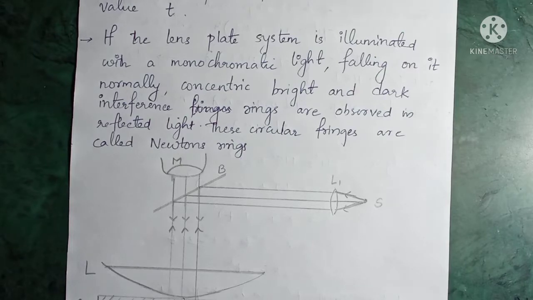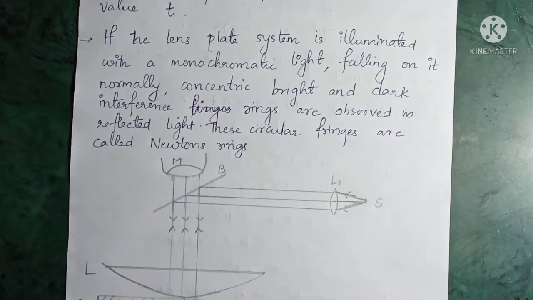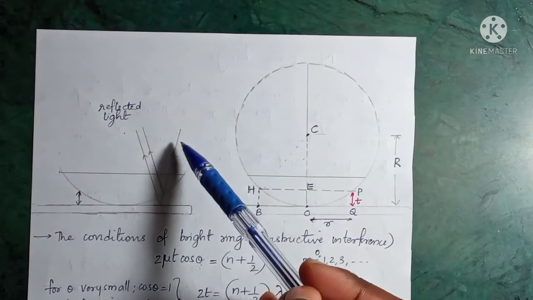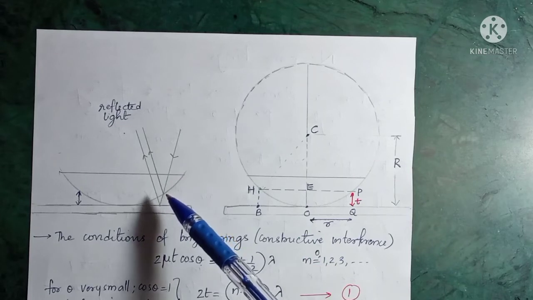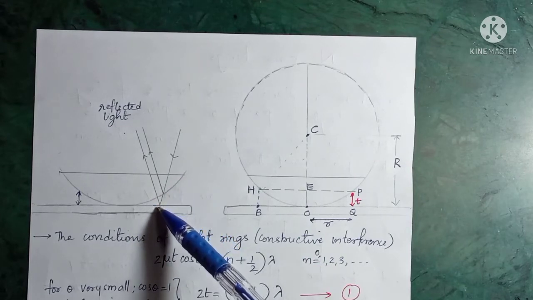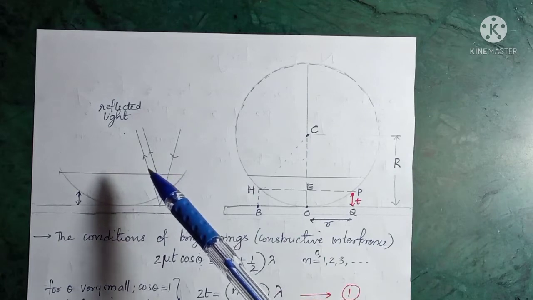The reflected beam from the air film is viewed with a microscope. Alternate dark and bright fringes are produced due to the interference between the reflected light from the lower surface of the lens and the upper surface of the glass plate. So here, when the light is incident, the reflected rays from the lower surface of the lens and the upper surface of the glass plate come together and interfere, forming either a bright fringe or a dark fringe.